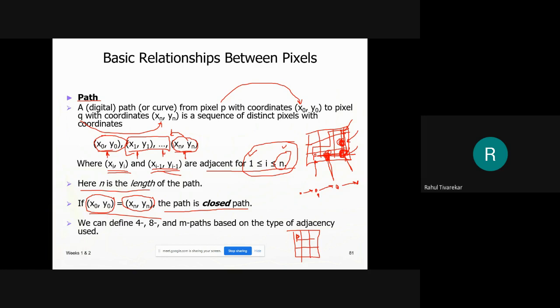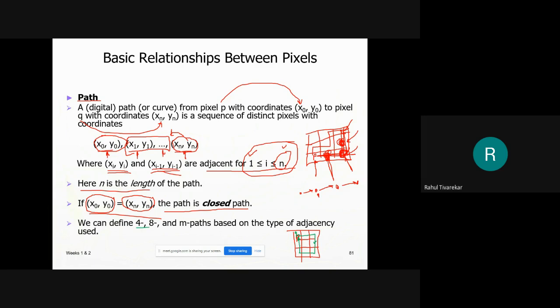The path starts here, it goes like this, and like this, and ends again here, and this is also pixel Q. So in this case, the starting pixel is P, the ending pixel is Q, and both are the same. In that case, the path is called a closed path. As you can see, the path makes a closed loop, right?